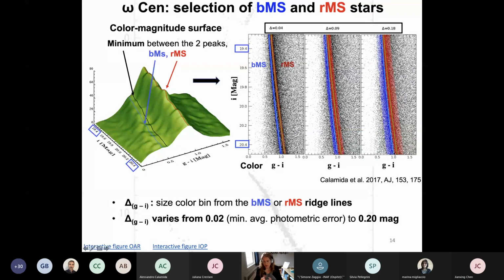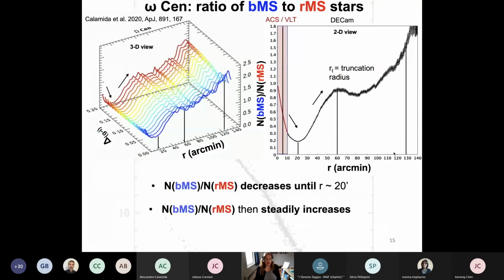Here you see the different selections for the different color bins, and a 3D view of the ratio of the number of blue main sequence stars over the number of red main sequence stars as a function of distance from the cluster center. This is in arc minutes, so we get to about 2 degrees here.